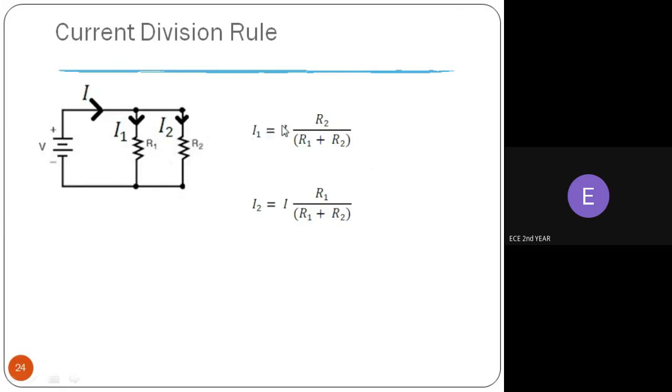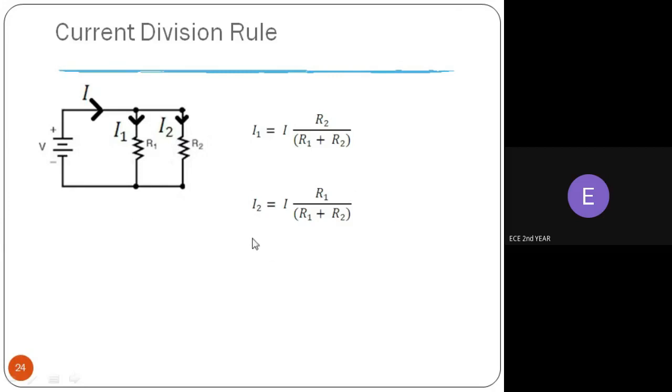So I1 is equal to I into R2 divided by R1 plus R2. The opposite resistance for R1 is R2, so R2 divided by the total resistance R1 plus R2.